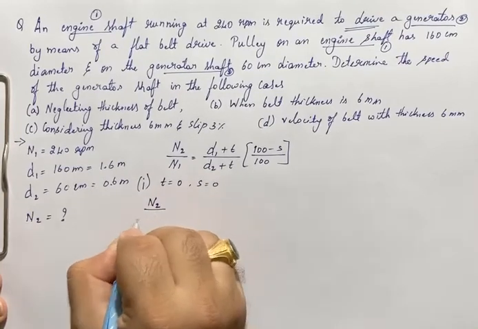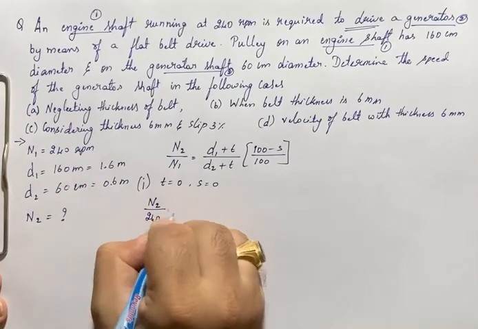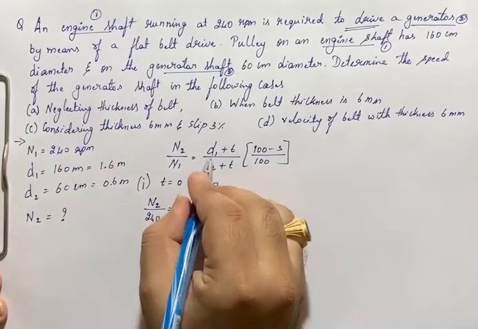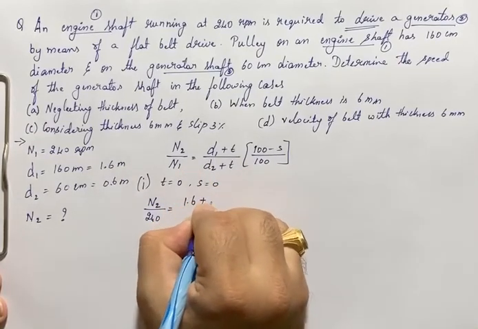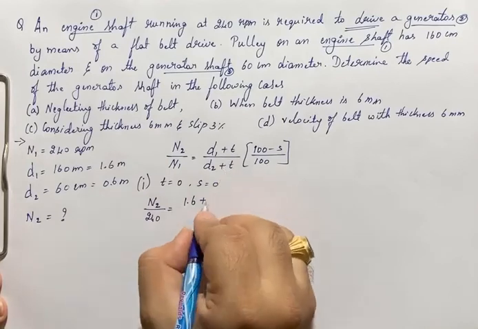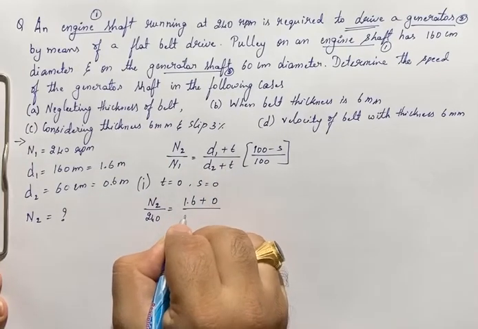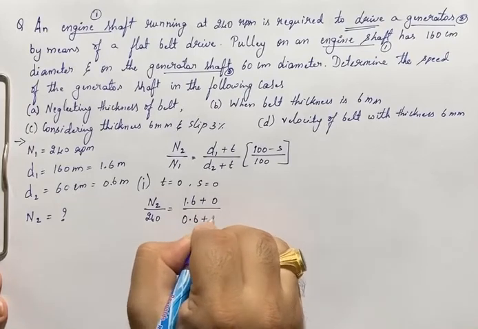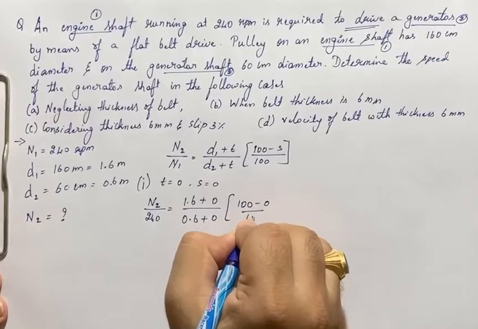N2 divided by N1, 240 RPM, is equal to D1, 1.6, plus thickness 0, divided by D2, 0.6, plus 0, into 100 minus 0 divided by 100.